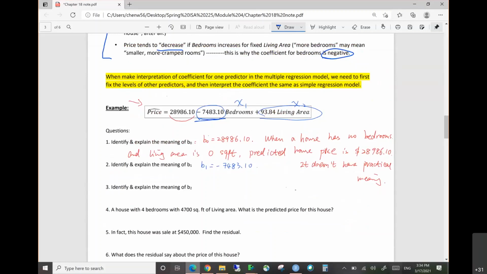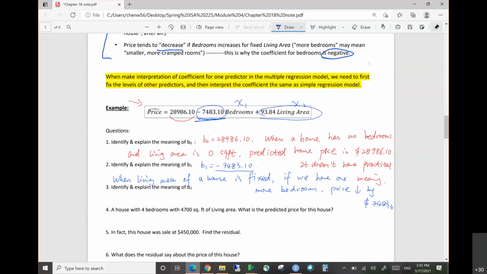That means we first need to fix the living area. We say when the living area of a house is fixed, then in this living area, if we have one more bedroom, the house price will decrease by this much.